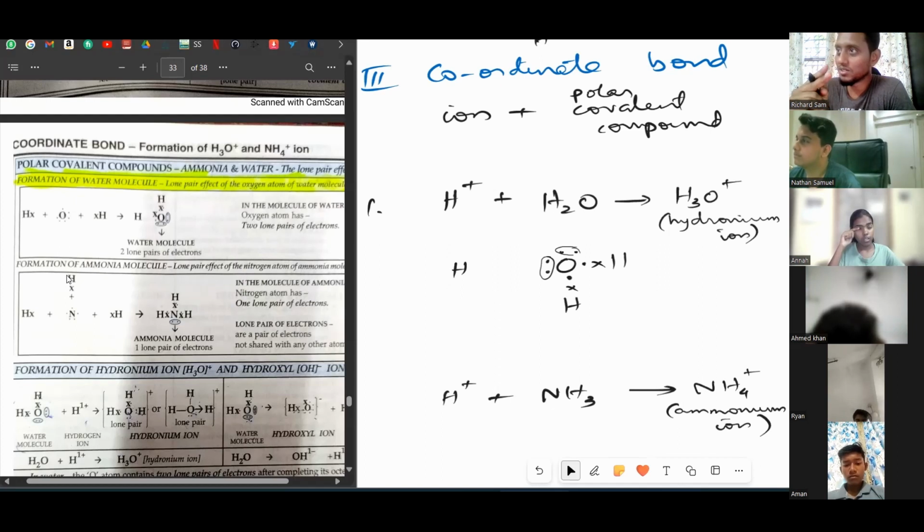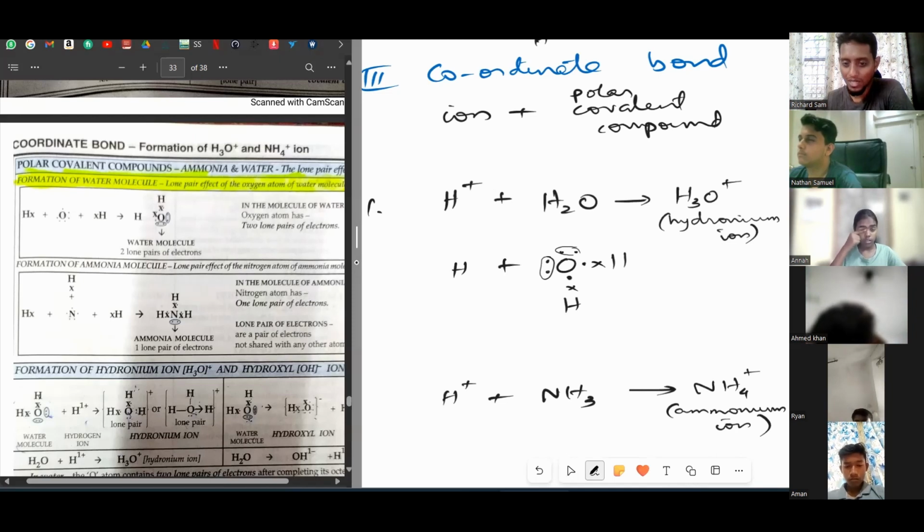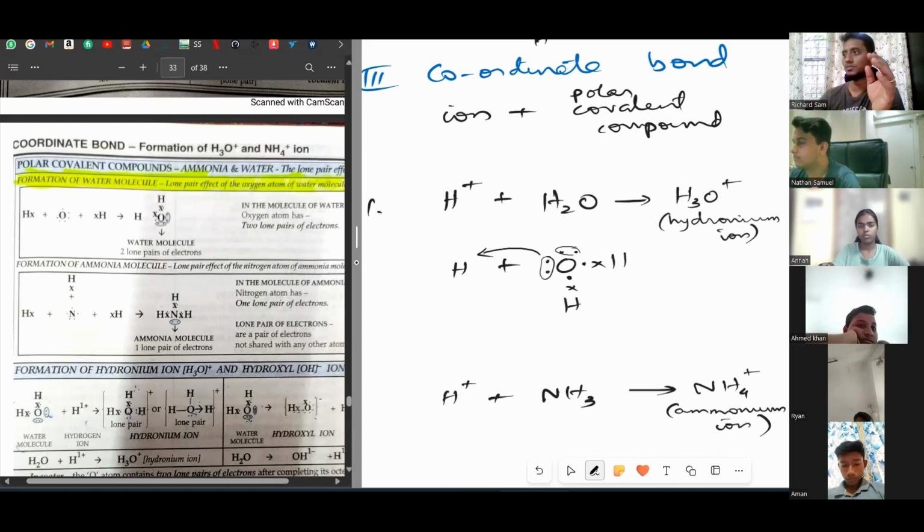It needs two electrons. So when this hydrogen combines with water, it will take two of those electrons, but not completely. It will take them as a sharing. The water will share two of its electrons with that hydrogen ion. They're not transferred, so it's not gone away from water. They belong to both hydrogen ion and the water.